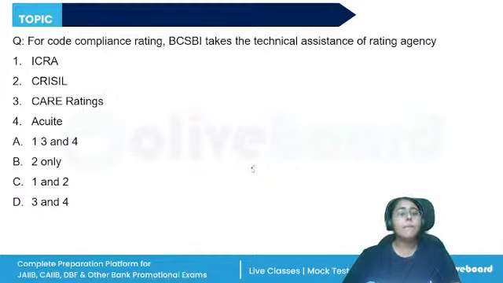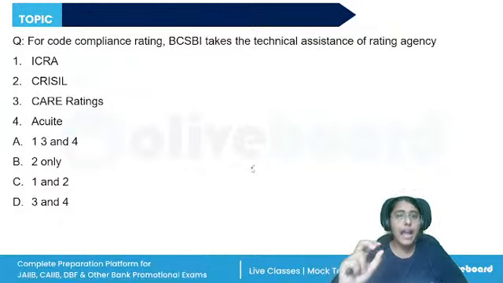For the code compliance rating, BCSBI takes the technical assistance of the rating agency. Now, the BCSBI, as a part of its monitoring, as a part of its mandate, it has created a code compliance rating, right?